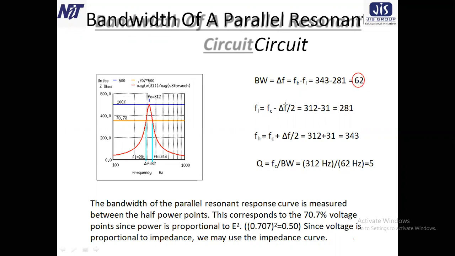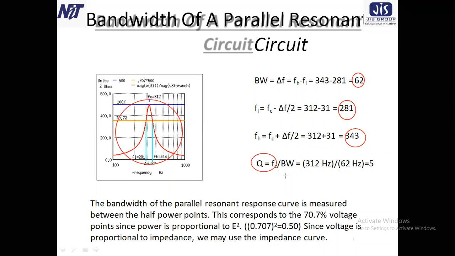So FL equals FC minus delta F by 2, the value of FL equals 281, and FH equals FC plus delta F by 2. We can find the value 343 from the diagram. You already know the process of how this equation works.